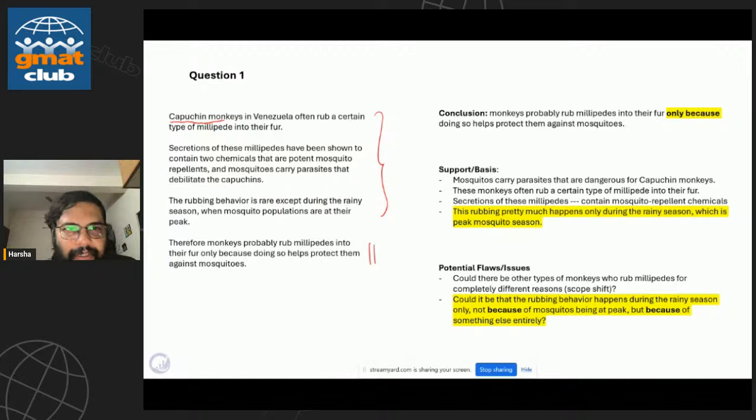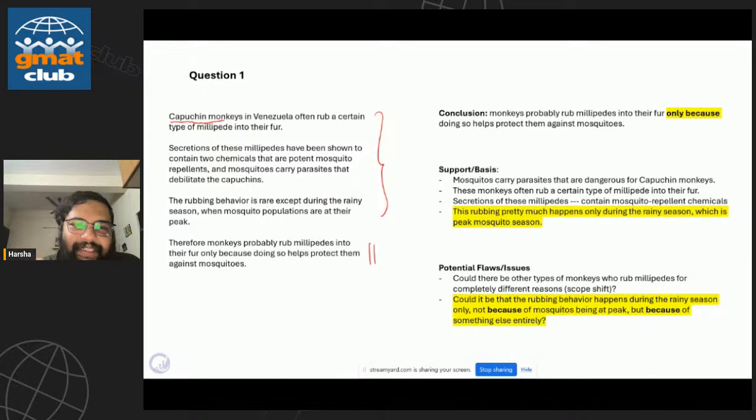It's not talking about Capuchin monkeys in particular, it's generalizing towards monkeys in general. So that brings to mind a particular potential flaw. Could there be other types of monkeys who rub millipedes into their fur for completely different reasons, having nothing to do with mosquitoes?